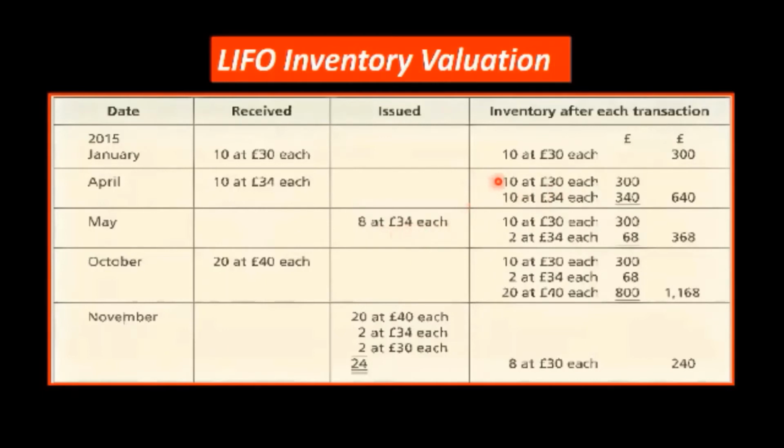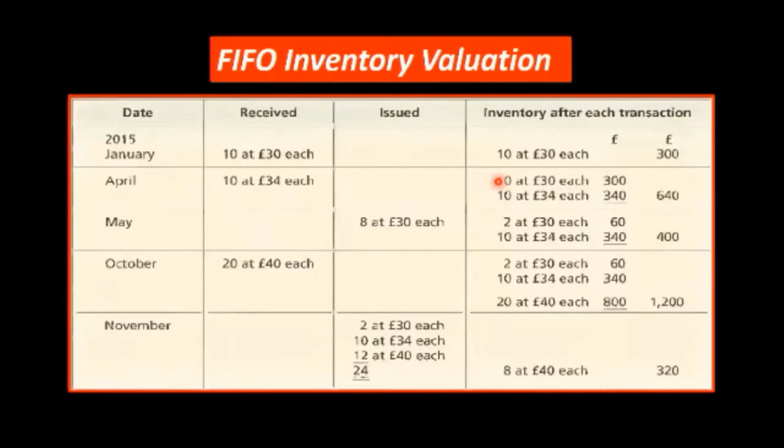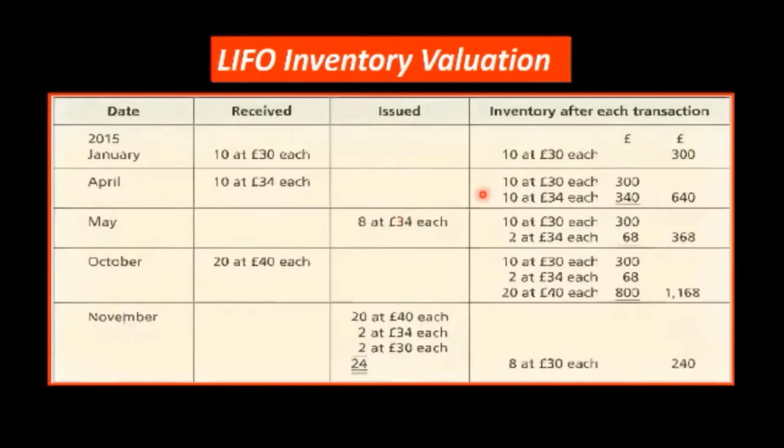If you take 8 out of it at 30, what you would be doing is using first in, first out. See, first in, first out, 8 at 30, right? So the 8 comes out of the last one that was in, and we will remain with 2 here at 34 each. So that's $68 plus the 300 up there.